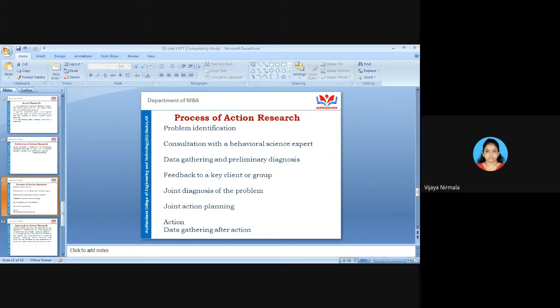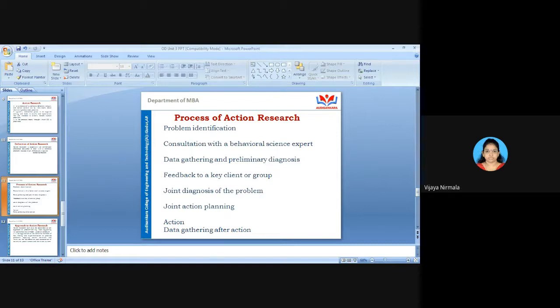Such actions typically cannot be implemented immediately. Why? Because it is not an easy task to install new methods and procedures, or to reorganize the present structure and work design.